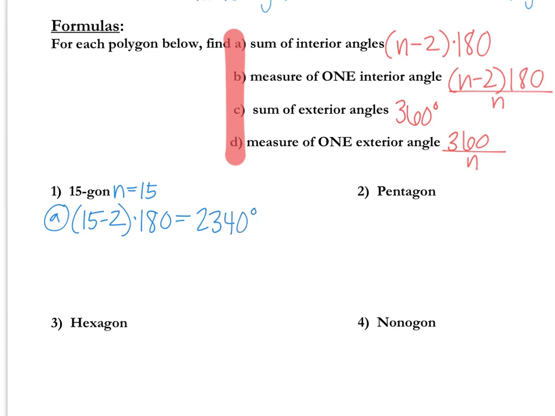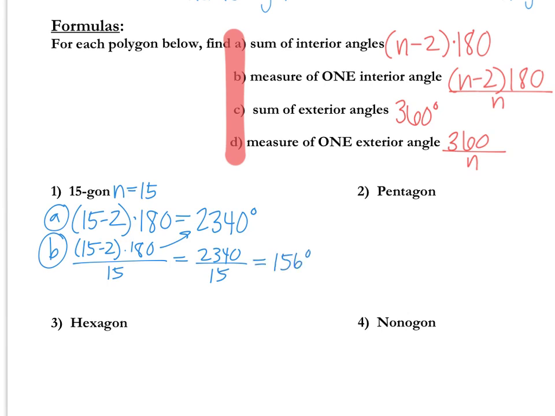For part B, we have the measure of one interior angle, so n minus 2 times 180 over n. Remember, that just means the sum, which we just found. So 15 minus 2 times 180 divided by 15. We already know the numerator is 2340, divided by 15, and we get 156.